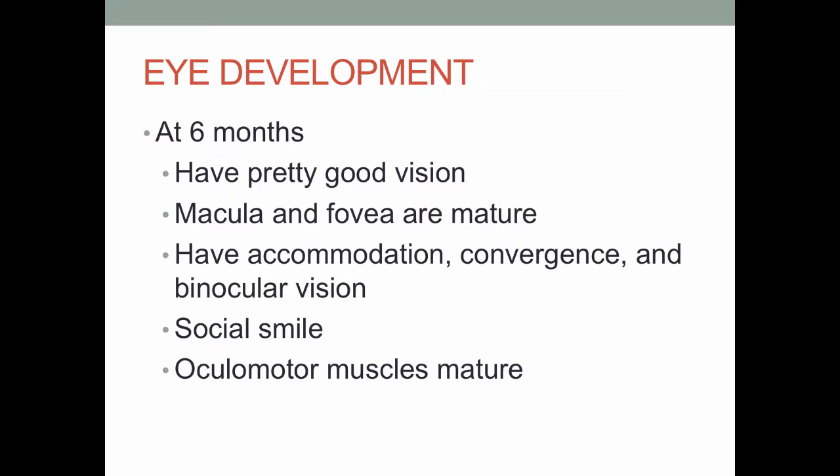At 6 months, the child begins to have pretty good vision, and both the macula and the fovea are beginning to mature. The child should begin to have some accommodation, convergence, and some binocular vision. That's when we start to see a social smile, because the child can actually see the parents smile and will smile responsively. And we also expect those ocular motor muscles to begin to mature.